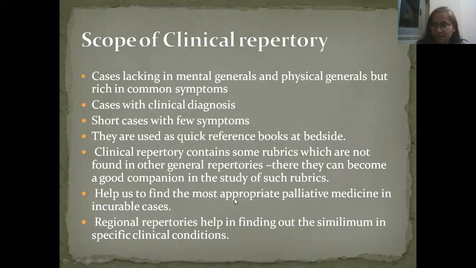So these repertories can be helpful in such cases as well. There are many regional repertories. They are also very helpful in finding out the simillimum in a specific clinical condition. For example, you must have heard the name of Bell's diarrhea. It is a regional repertory which is only for diarrhea remedies. So this could also be useful.